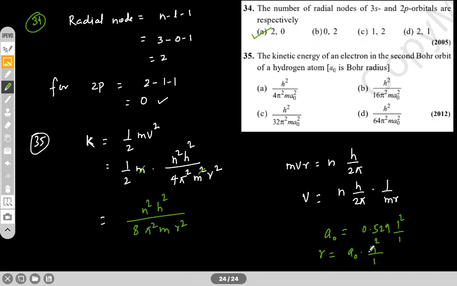So r we can substitute as A naught square n square here. It becomes n square h square divided by 8 pi square m, r square is A naught square n to the power 4. So this square and this 4 will get cancelled. We'll get n to the power 2.